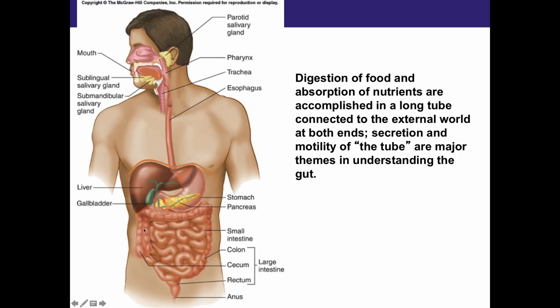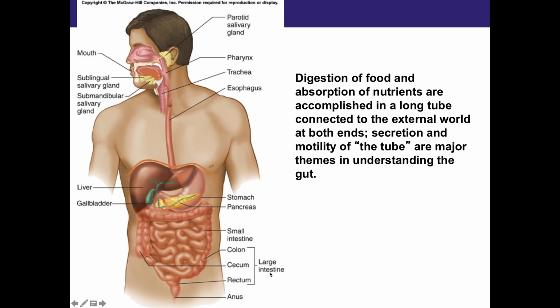Remember, the colon has these pouches called haustra. You have an ascending, transverse, descending, and then you have a sigmoid colon, rectum, and anus. So all of the colon, cecum, rectum, and anus, well, not the anus, but all of this is the large intestines.